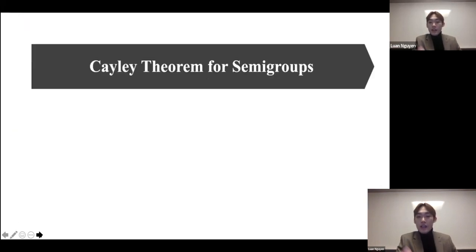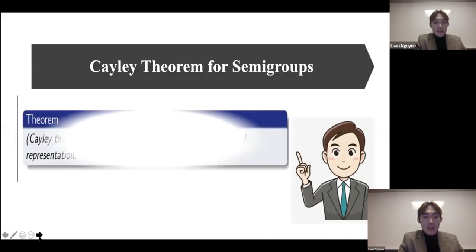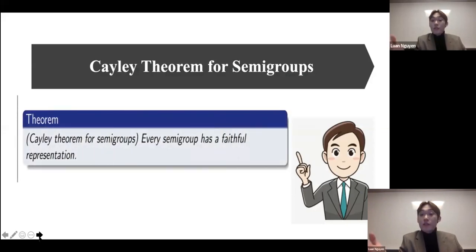And thus the Cayley theorem for semigroups can be said: every semigroup has a faithful representation. So I am only dealing with isomorphic and permutation semigroups. Thus here is the Cayley theorem for semigroups: every semigroup has a faithful representation.